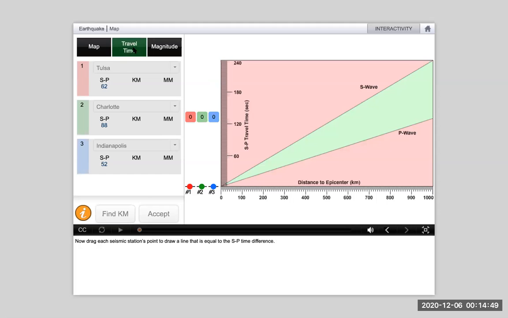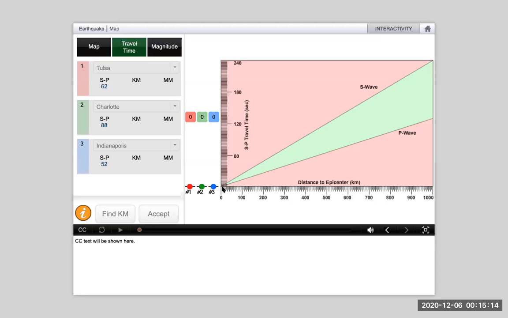Next, we go to the travel time curve. That is equal to the SP time difference. The travel time curve or travel time graph plots distance versus lag time for the velocity of the P wave and the velocity of the S wave.